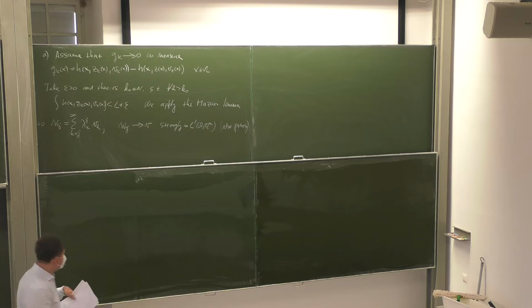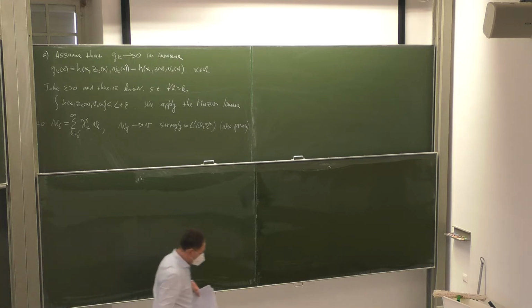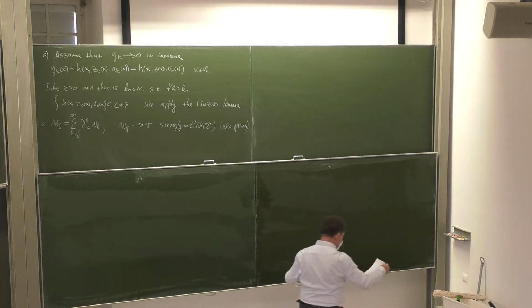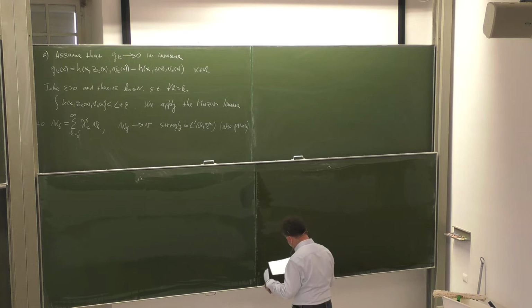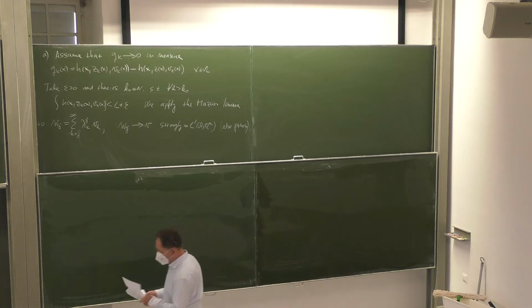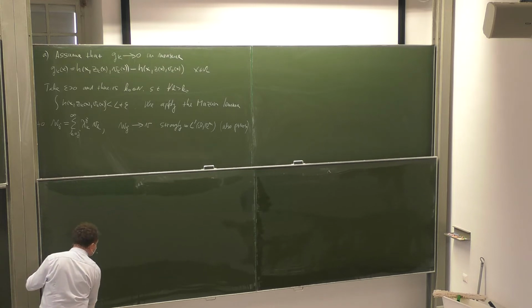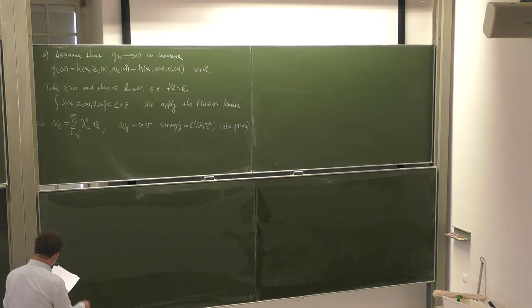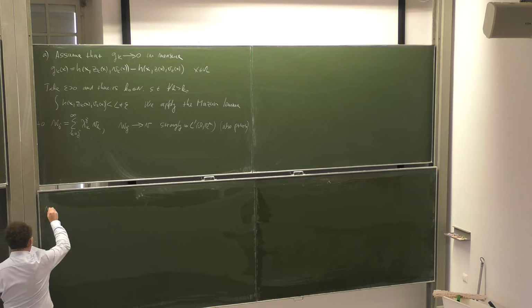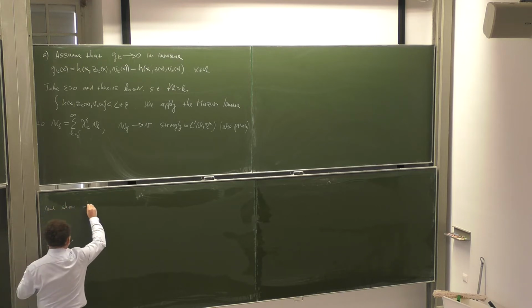So now the last piece will be this application of this lemma to prove that g_k goes to 0 in measure. And again, the argument is so we show that the assumption A holds.